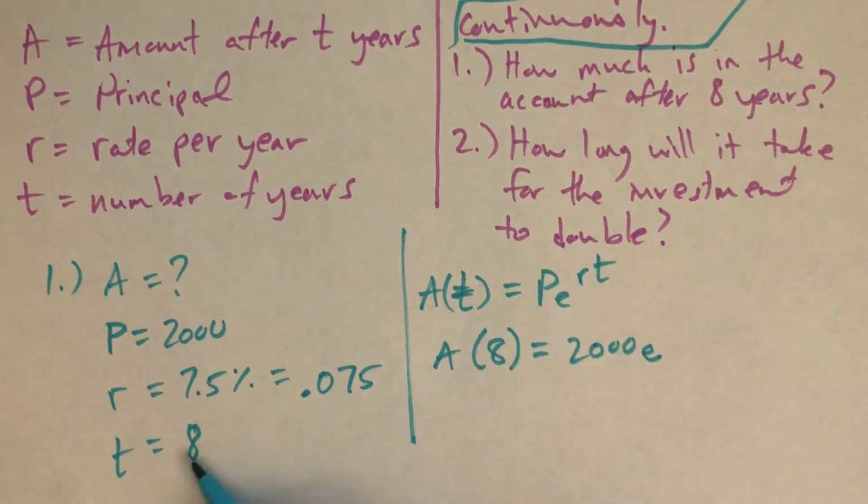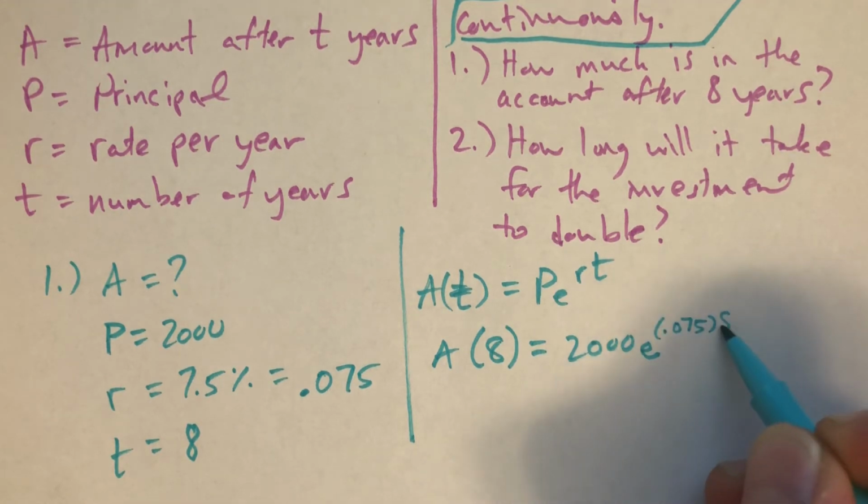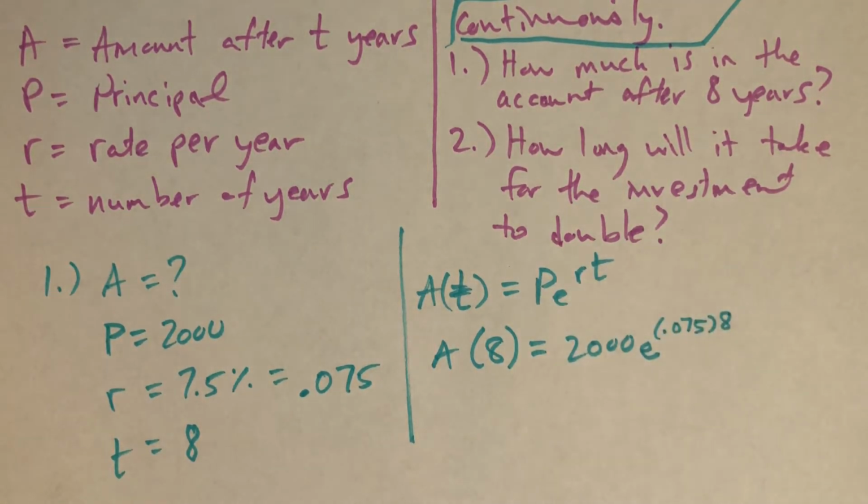So this is 0.075 times 8. I didn't do this ahead of time like I really should have, so I'm going to crank this through the calculator right now, and you can do that as well.